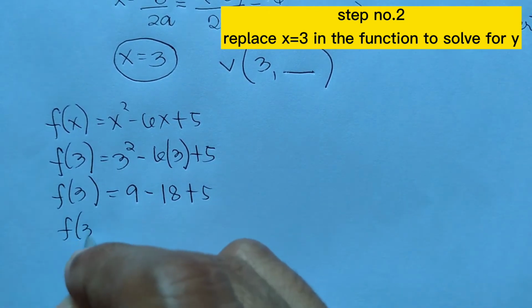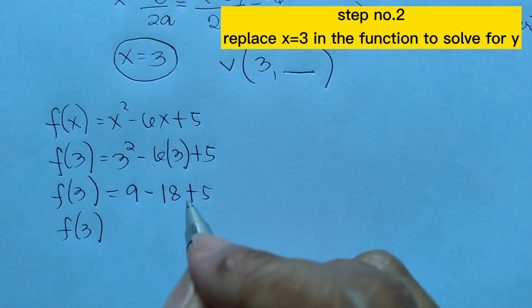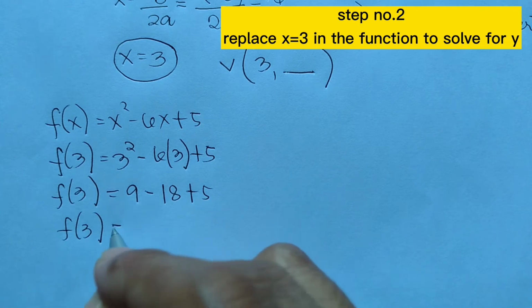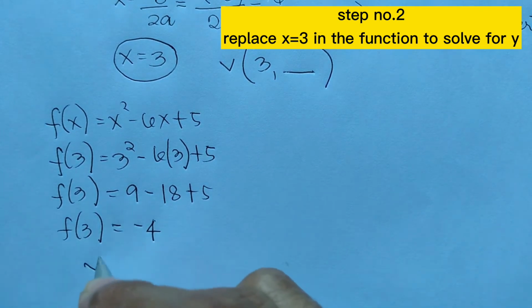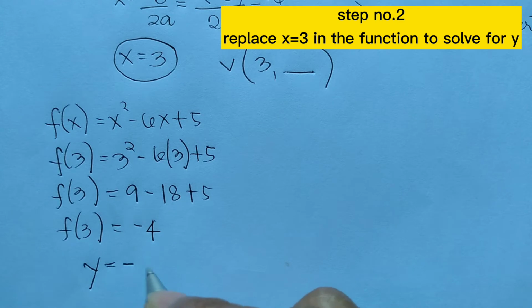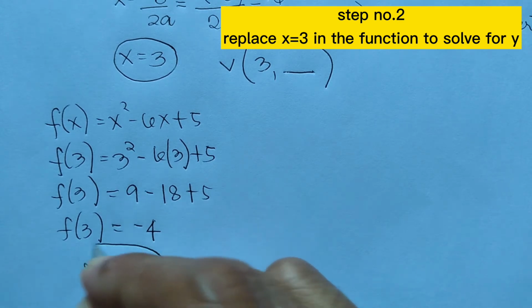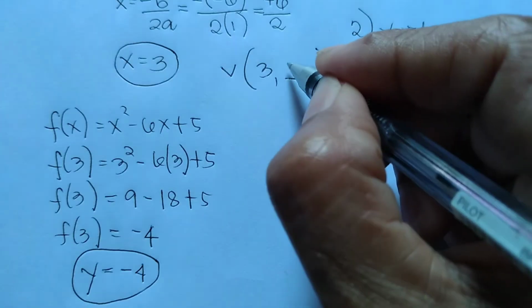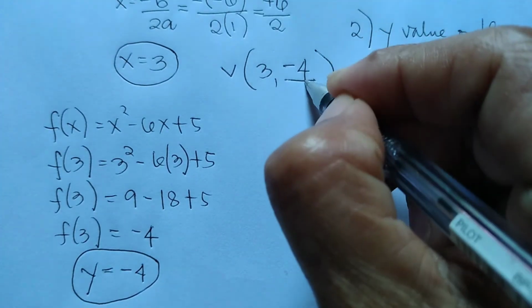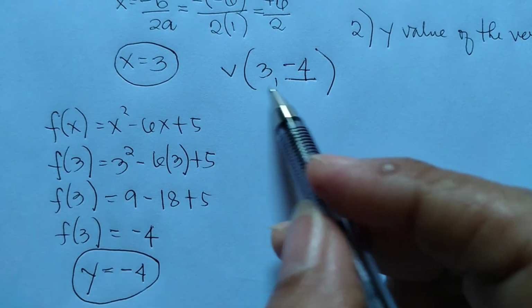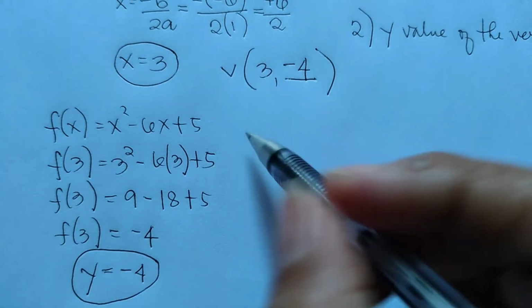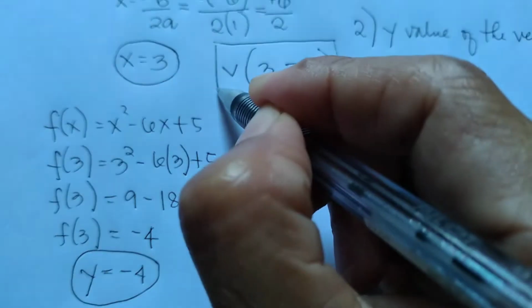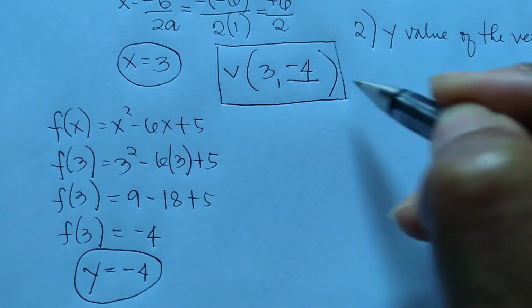So, f of 3 is equal to 9 minus 18, negative 9 plus 5, that is negative 4. So, negative 4, that is the y coordinate of our vertex. So, we have completed our vertex now, that is at the point 3, negative 4. So, these are the coordinates of the points in our vertex.